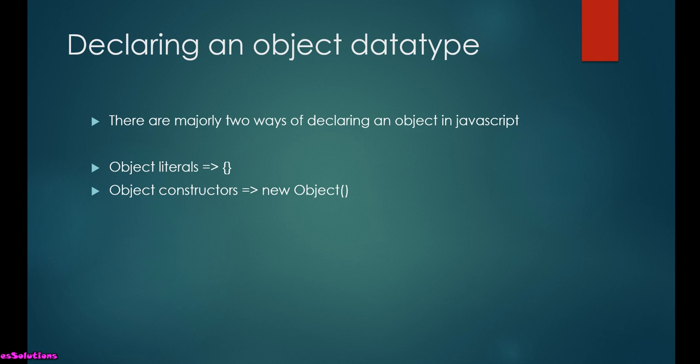Now, how do we declare an object data type? Basically, there are two approaches. The first approach is to use the object literal. If you remember, in the array, you can also declare an array using two ways: the array literal and the array constructor, using the new Array keyword. Here in the object data type also, there are two approaches. You must take note of one difference when declaring them: an array is declared using square brackets, while an object is declared using curly brackets.